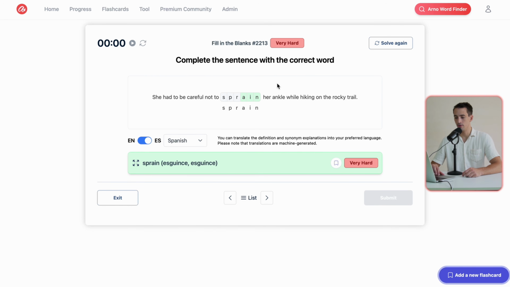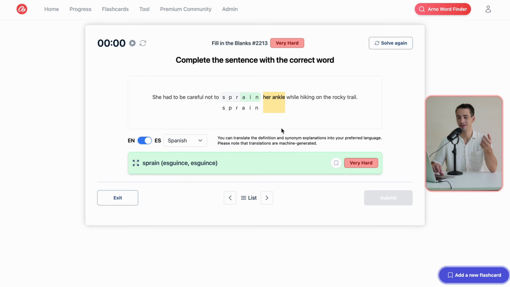So I knew that it had to be sprain because she had to be careful not to, right? So this indicated, okay, what is something that we generally don't want to do, something we want to avoid doing. And then the other big clue was her ankle. So what is something we want to avoid doing to our ankle?